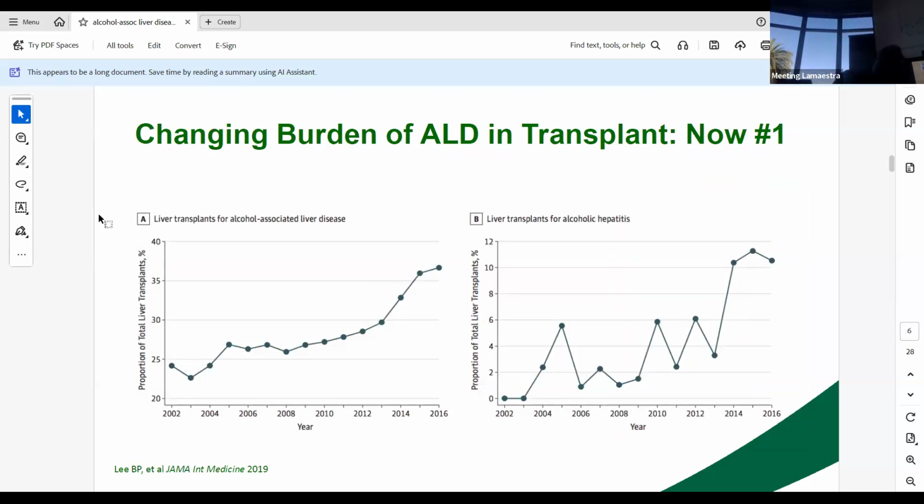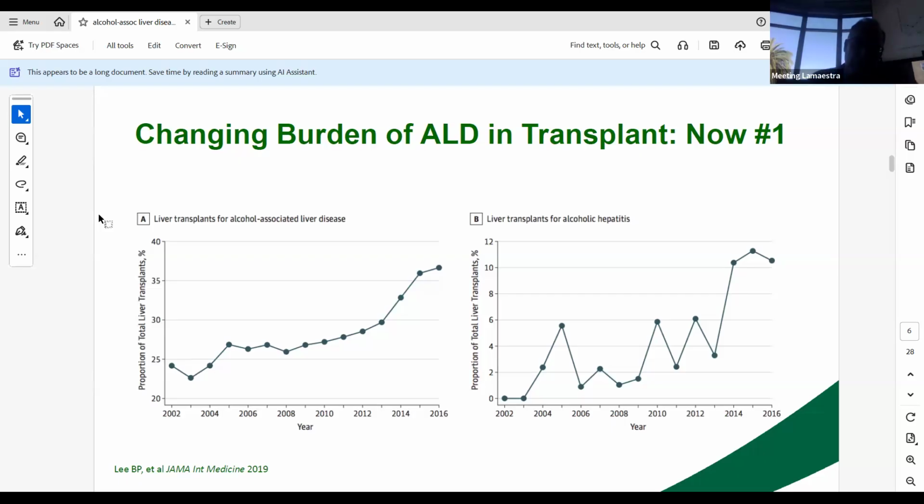Alcohol was the #1 reason for liver transplantation, but this gets very messy because 80% of these people with alcohol-associated liver disease, alcohol use disorder, also had fatty liver, had obesity, had other problems going on. So whether it's alcohol, fatty liver, or a combination now, all depends on how you cut the data.